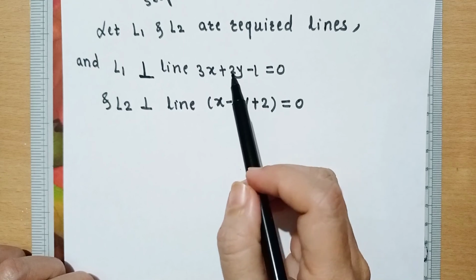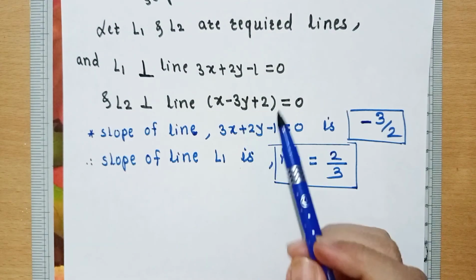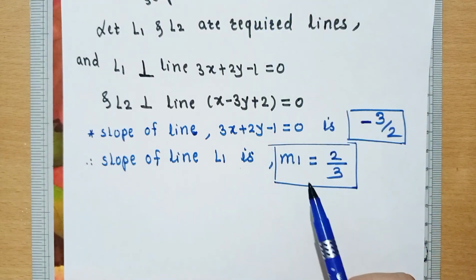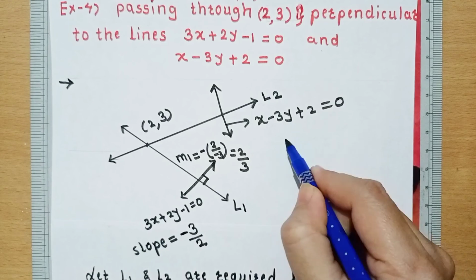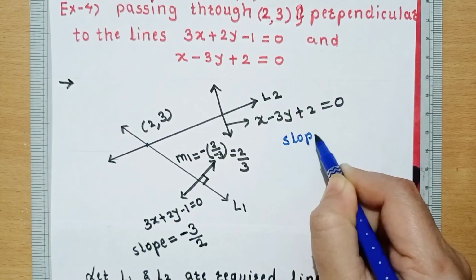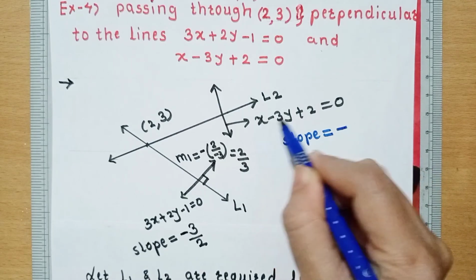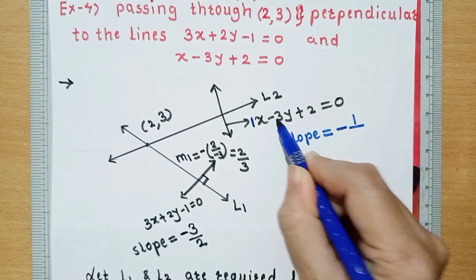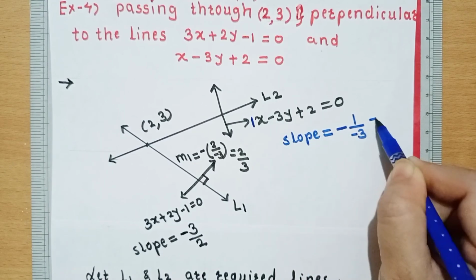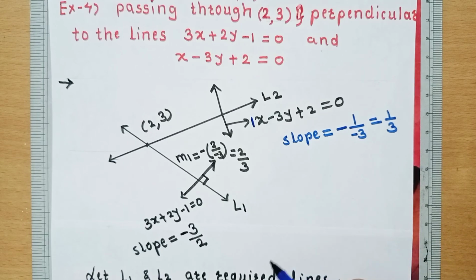Now we will find the slope of this. So whatever we have explained above, we have written here. Now find the slope of the second line, and again our formula is minus a upon b. Now the value of a is 1 and the value of b is minus 3, and so minus minus plus, so this slope is 1 upon 3.